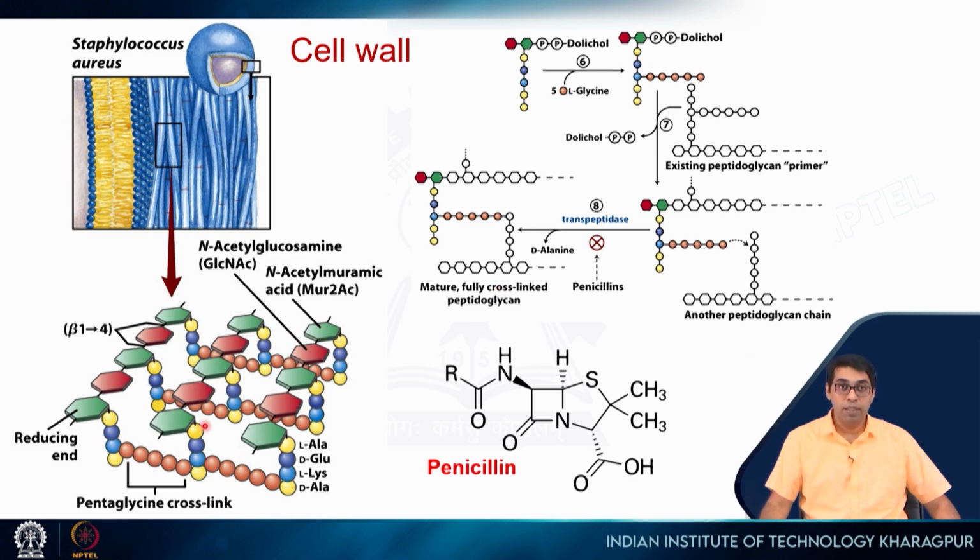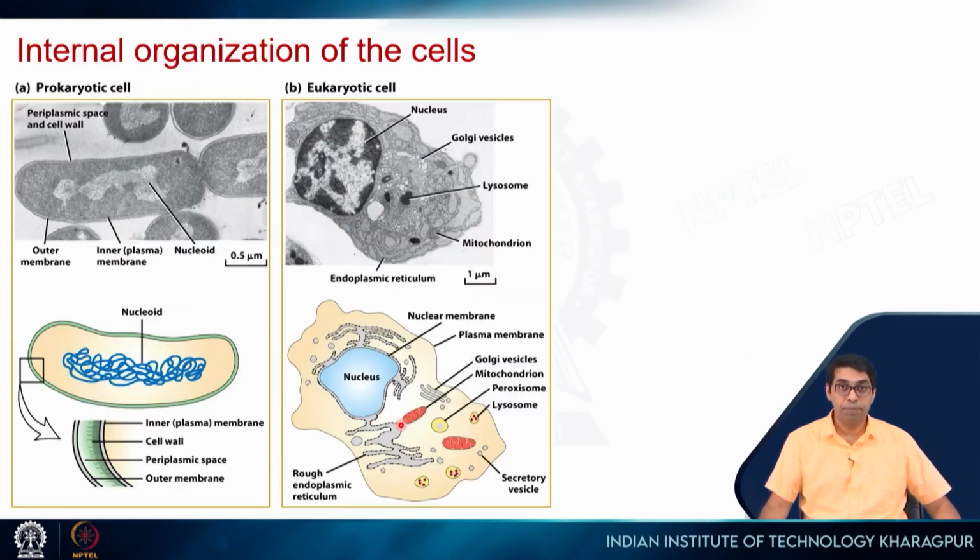If cell wall synthesis does not happen, the bacteria will undergo osmotic lysis. So, penicillin can kill bacteria, and it is a very good antibiotic because this is not present in our cells, it is only in bacterial cells. But then again, you have to remember that taking too much antibiotic can cause harm because it can kill the good bacteria present in your body, for example, in your gut.